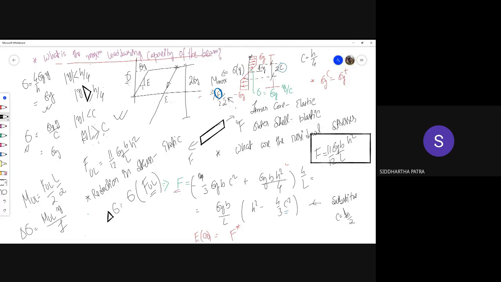So when you unload, and the unload happens elastically, the stress everywhere in the section doesn't reduce by the same amount. Okay, and that's when we end up having some residual stress.